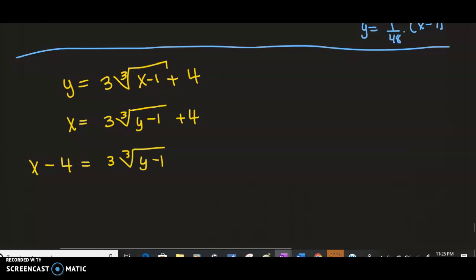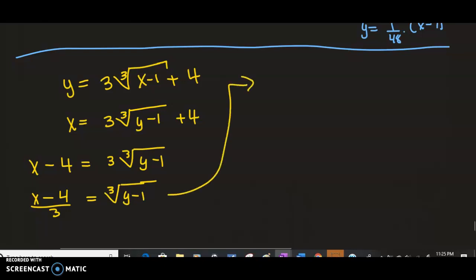Next thing, divide by 3. Next thing, we got to cube both sides. And then add 1.